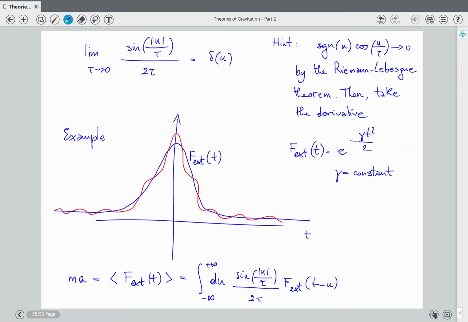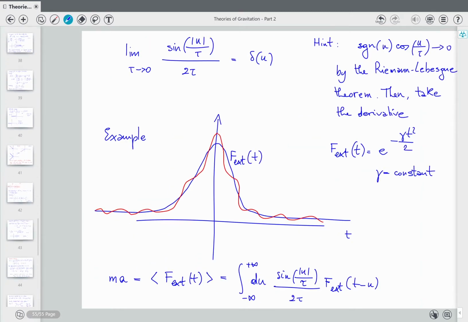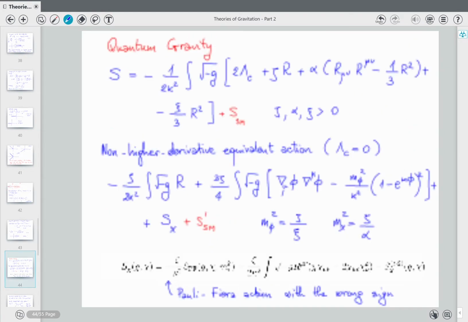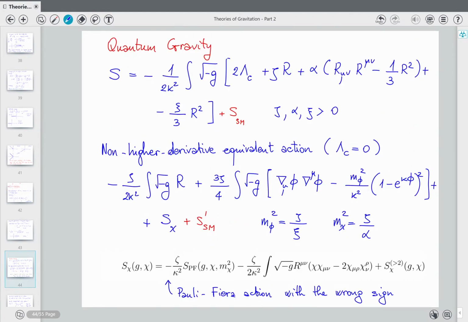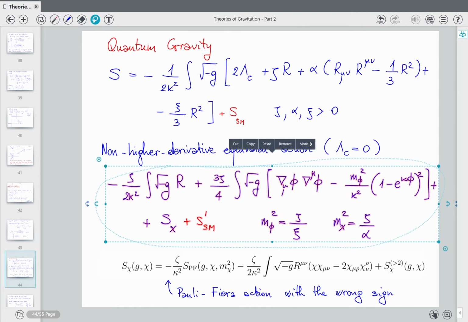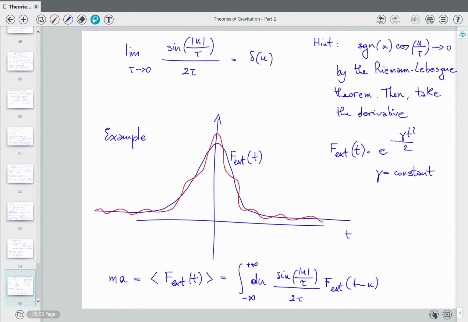But that is what in principle you get. That is to illustrate what happens. And what would you have to do in gravity? You would have to take this action to get to the right classical limit.